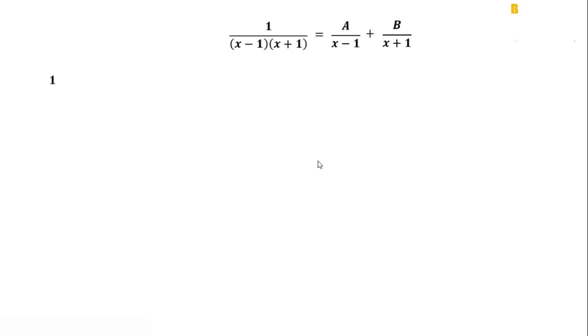When we do that, we get 1 equals A(x + 1) plus B(x − 1). We can name this equation 1.